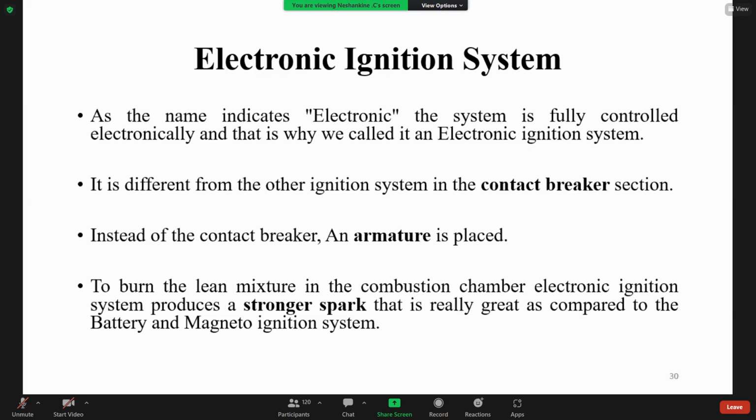Here we don't use that. Instead of the contact breaker, here we use armatures. Here we observe a stronger spark than the other two types of ignition system. Okay.